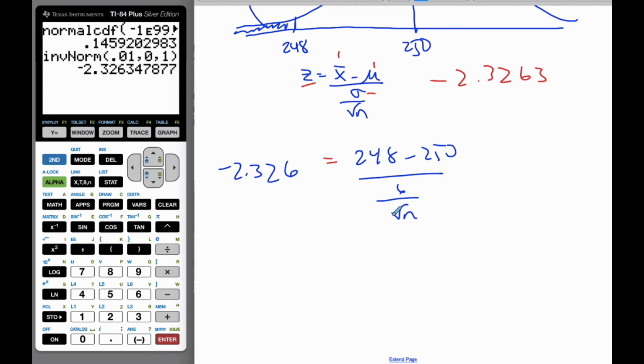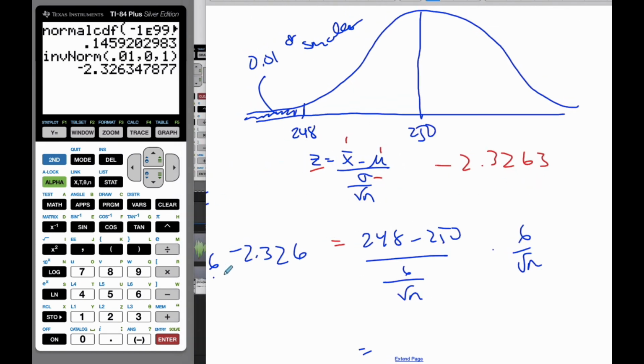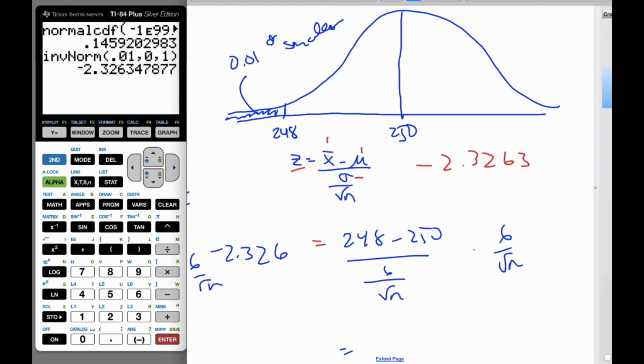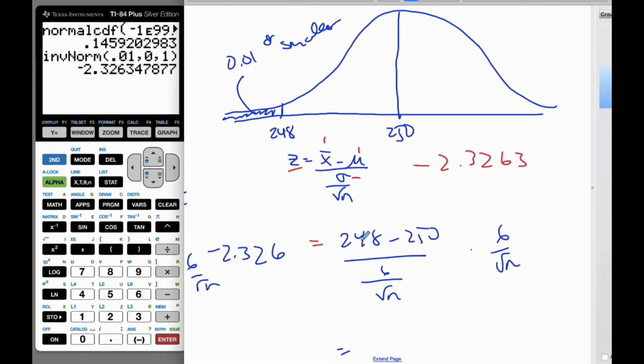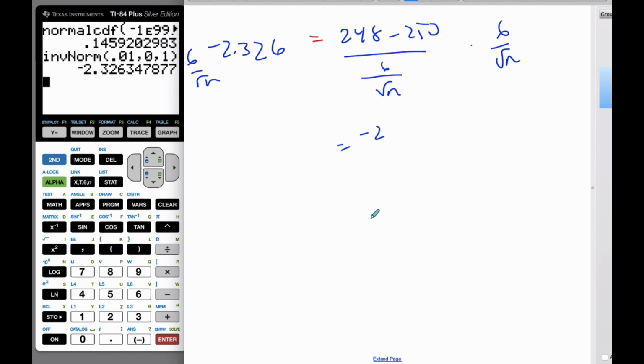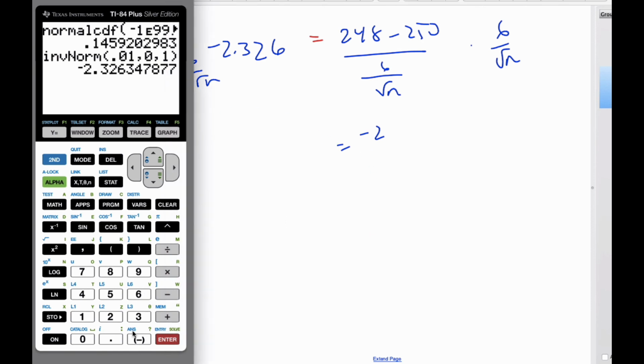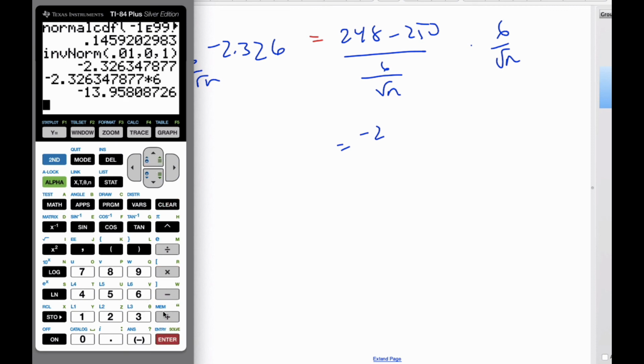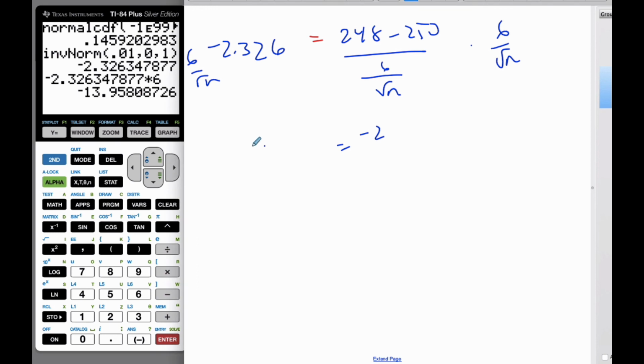I multiply both sides by 6 over root n, and I get negative 2 equals, so if I take this value times 6, I get negative 13.958 over root n.